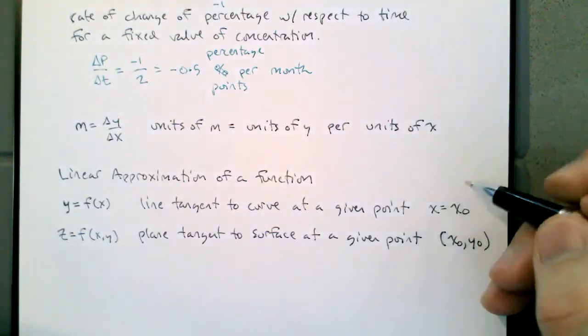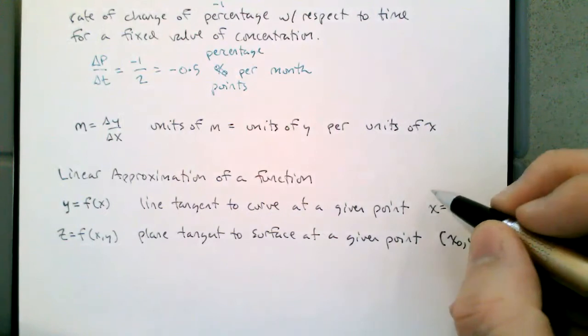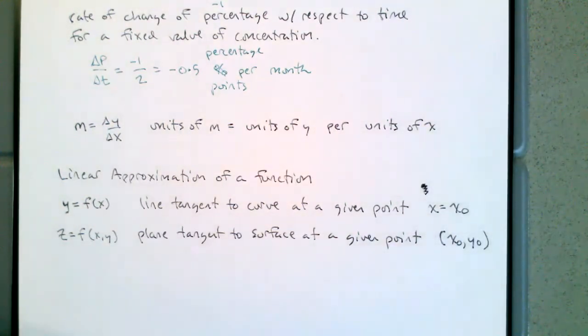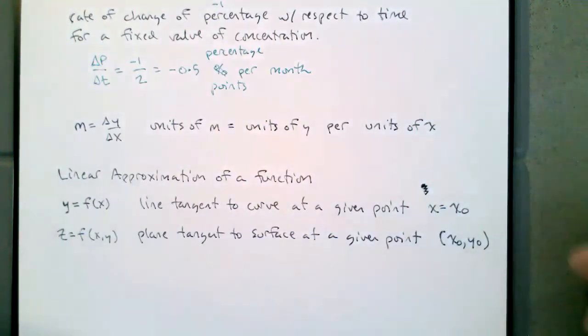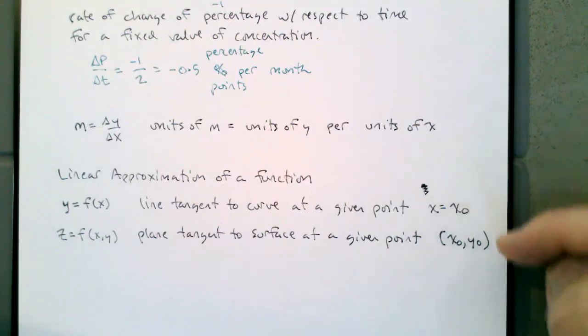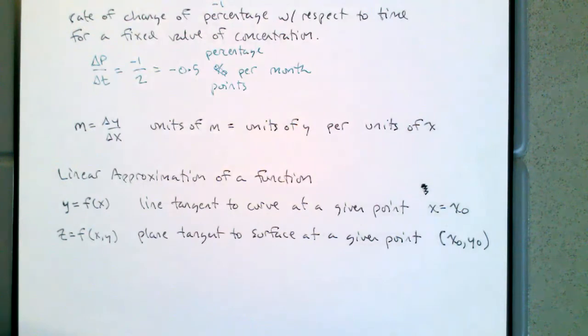These are just the inputs. We plug in one value of x for the equation of the line, or we plug in a value of x and a value of y to find the equation of the plane.